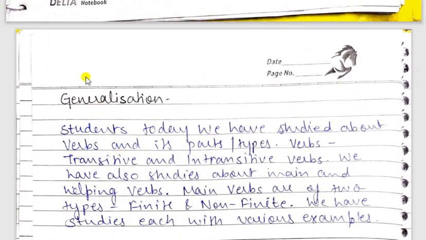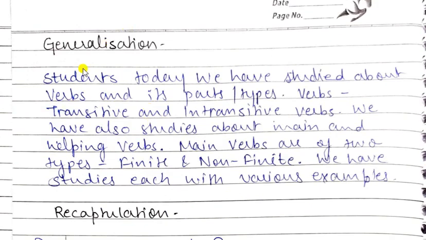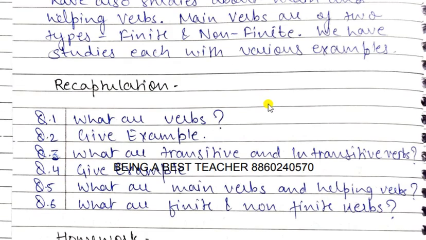Then generalization is basically you will generalize the particular topic in a short paragraph. You are going to say that students, we have learned today about this, verbs are like this, ye hote hain. And certainly you can elaborate in your own words whatever you have studied, right?